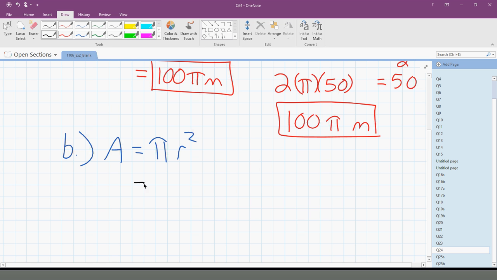What was it? No, that was the diameter. The diameter was 100. What was the radius? 50.